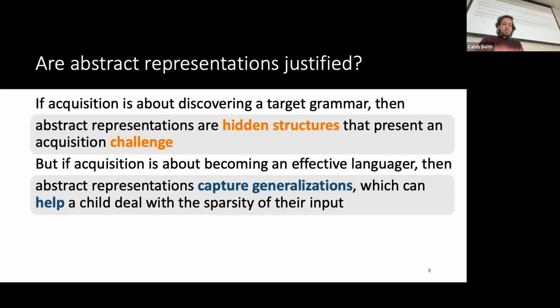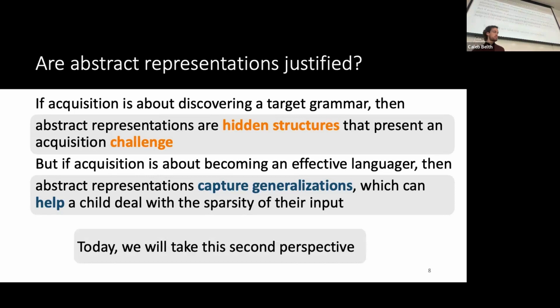And so from this perspective, it might be advantageous to the learner to set up abstract representations in some cases to be able to effectively generalize. So this talk is going to be trying to take this second perspective and see where that leads us.